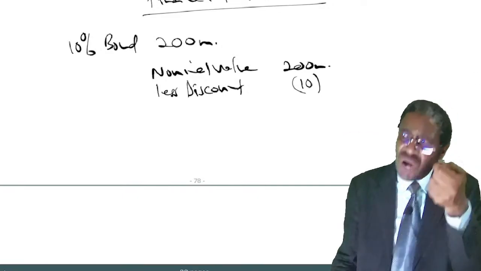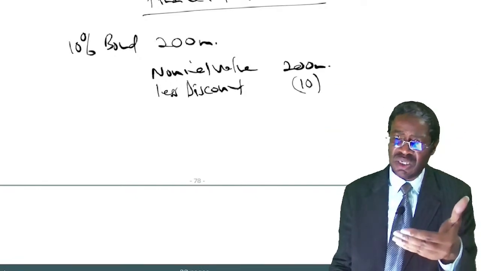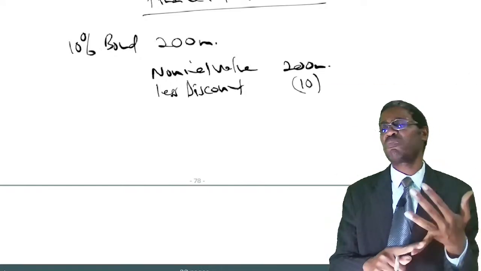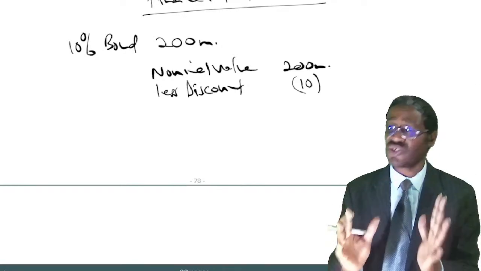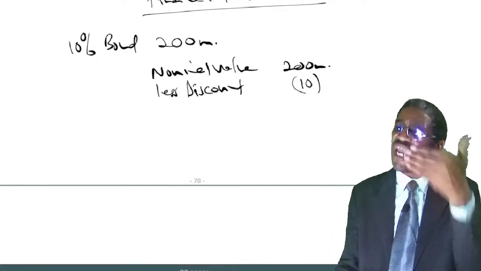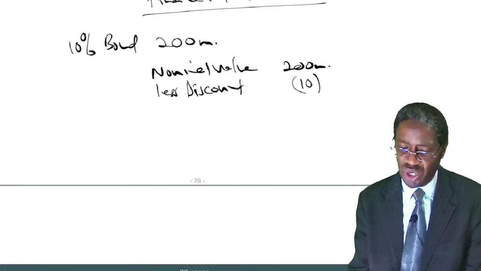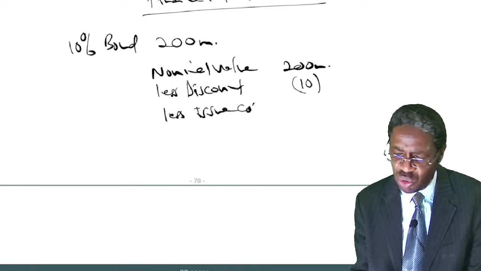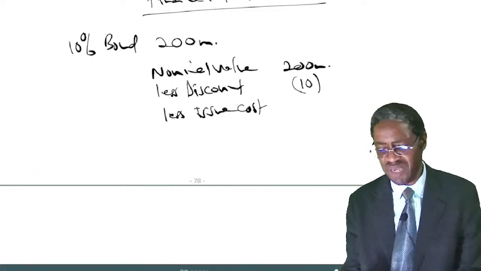But it may also happen that to raise these funds, you as company A had to hire lawyers to prepare documents, and accountants to prepare the prospectus, and so on. So you ended up incurring what we call issue cost, or flotation cost, let us assume of 5 million.